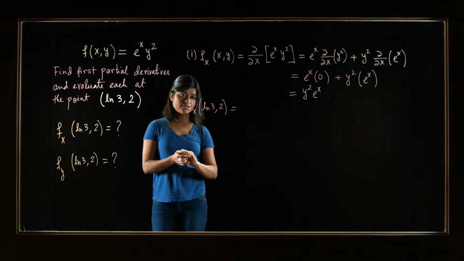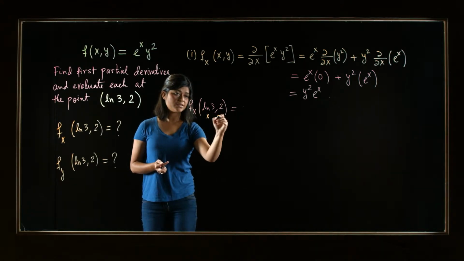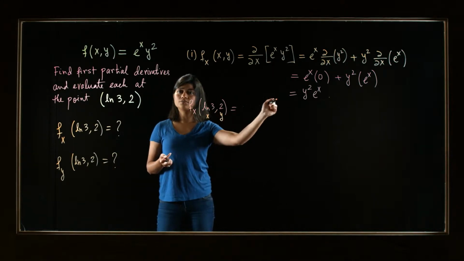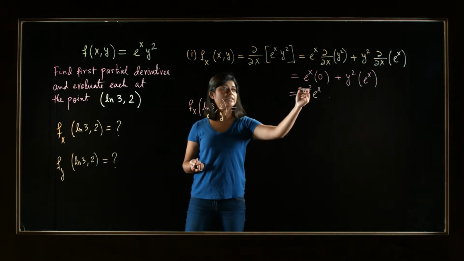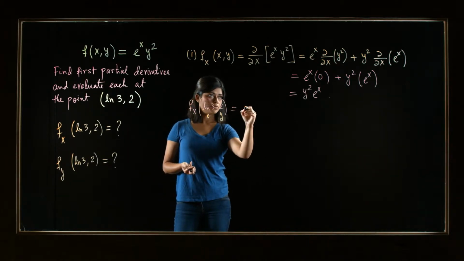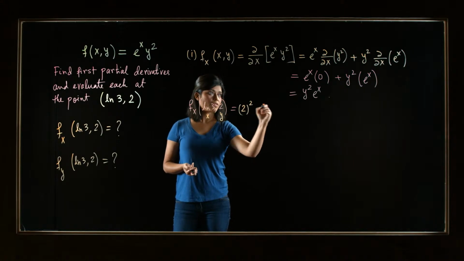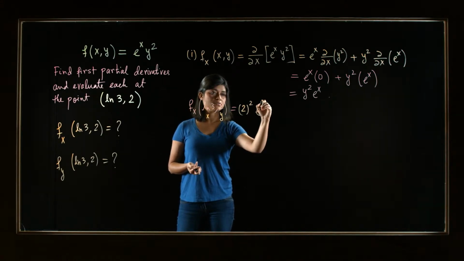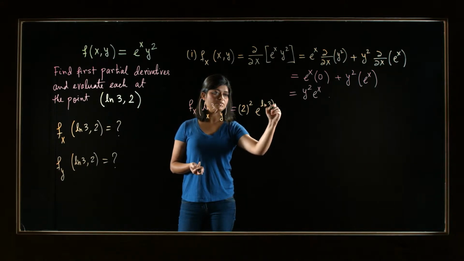Notice that this is your x, this is your y. All you have to do is plug in x equals natural log of 3, y equals 2 in this expression for the derivative. So y is 2, so you have 2 square, times e to the x, where x is natural log of 3.